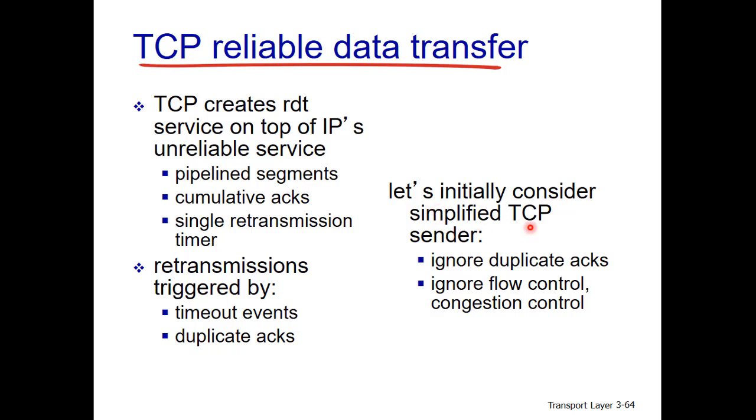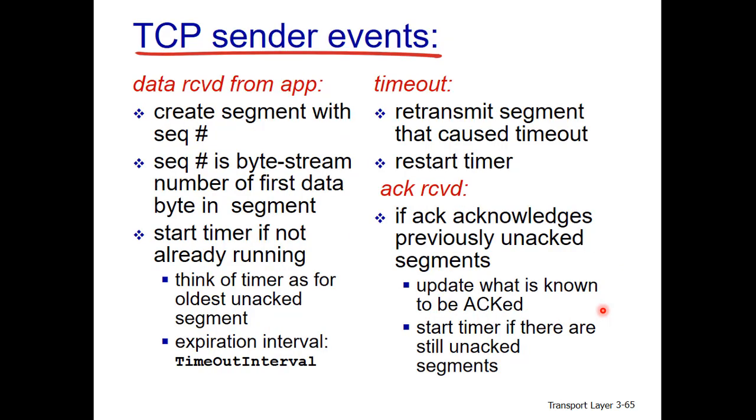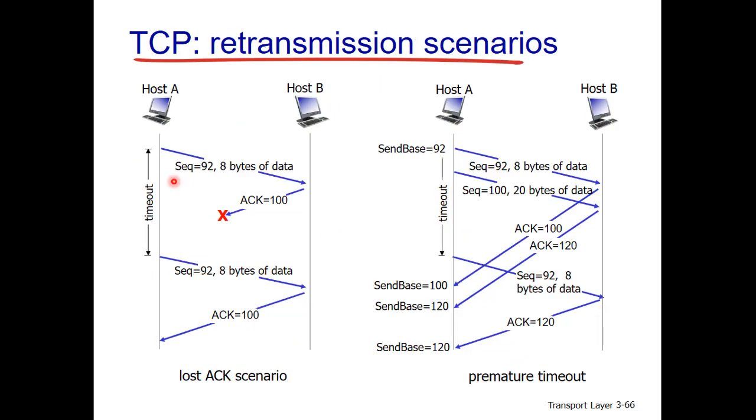Let's initially consider a simplified condition where we ignore duplicate ACKs, flow control and congestion control. So this is host A and host B. Host A is sending 8 bytes of data to host B, with sequence number 92.